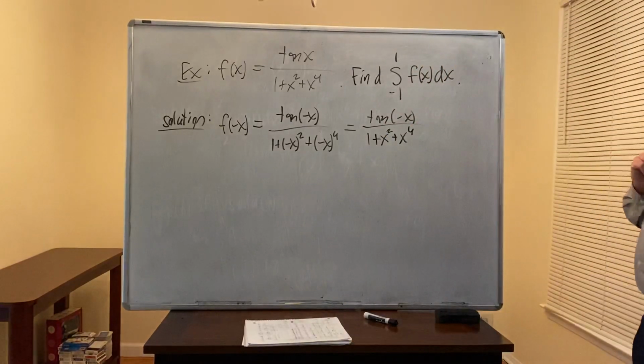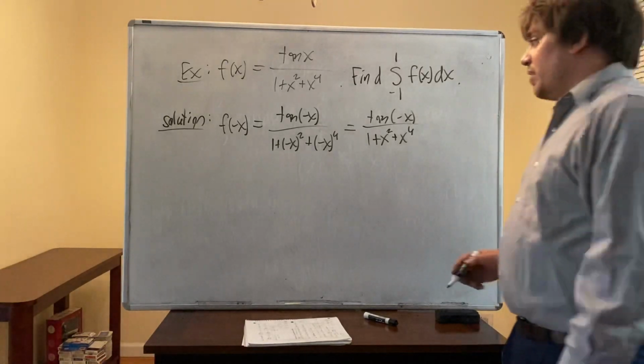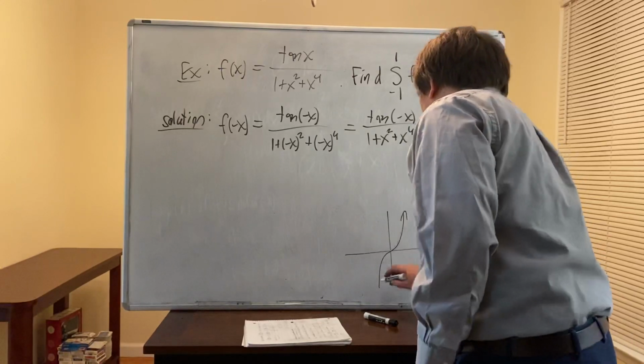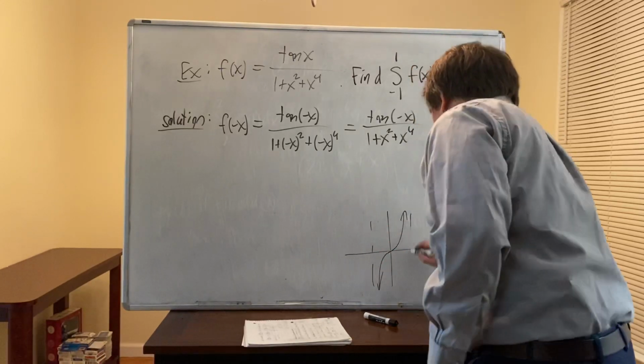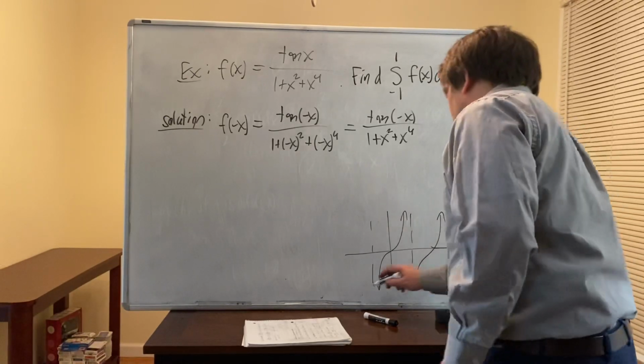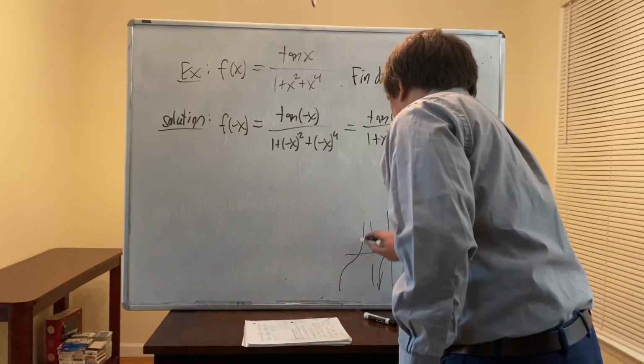Well, what's tan of negative x? Tan is actually an odd function on its own. If you look at the graph of tan x, it looks like this. You've seen the graph of tan x before in pre-calculus.